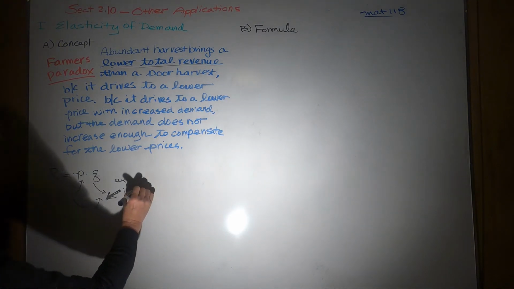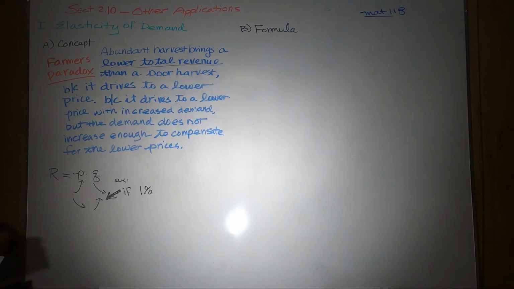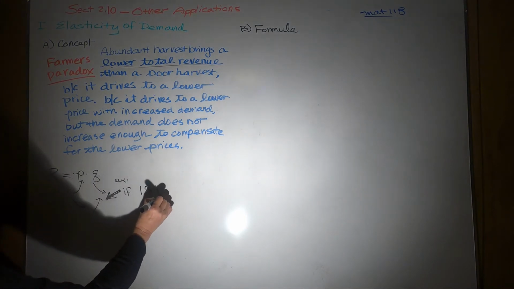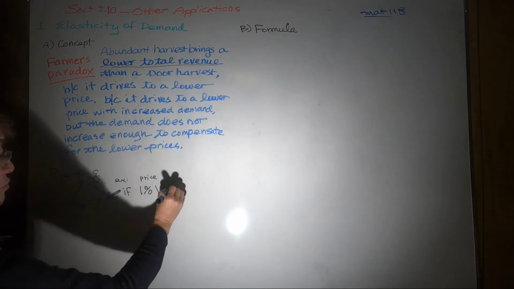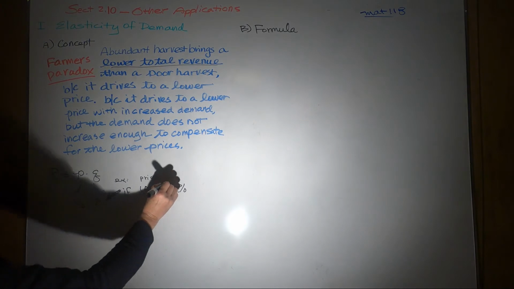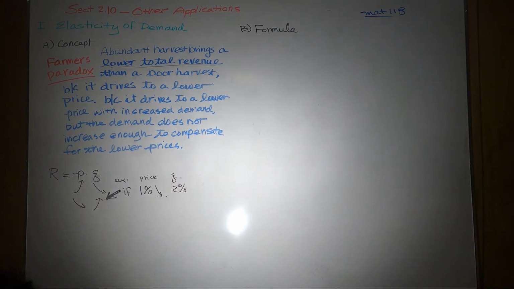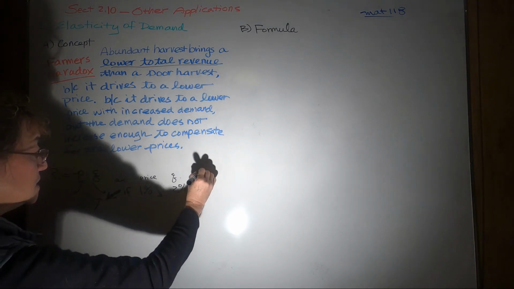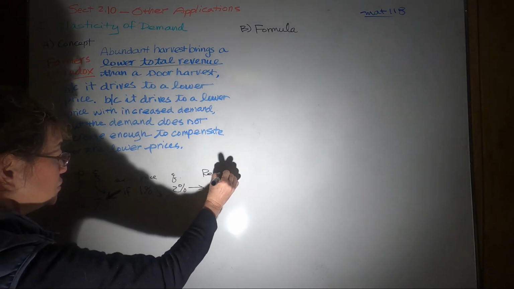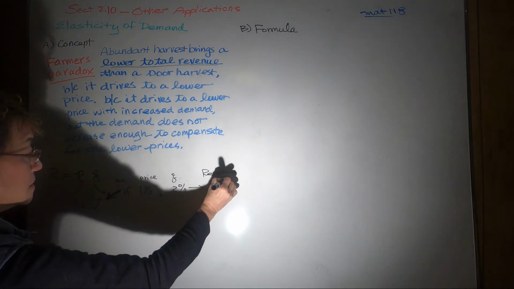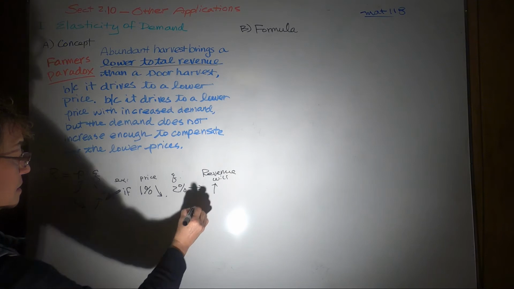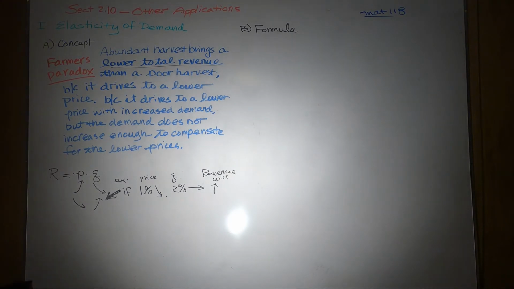If we have a 1% price drop, and we have a 2% rise in demand quantities, then under this condition a study showed that revenue is up.